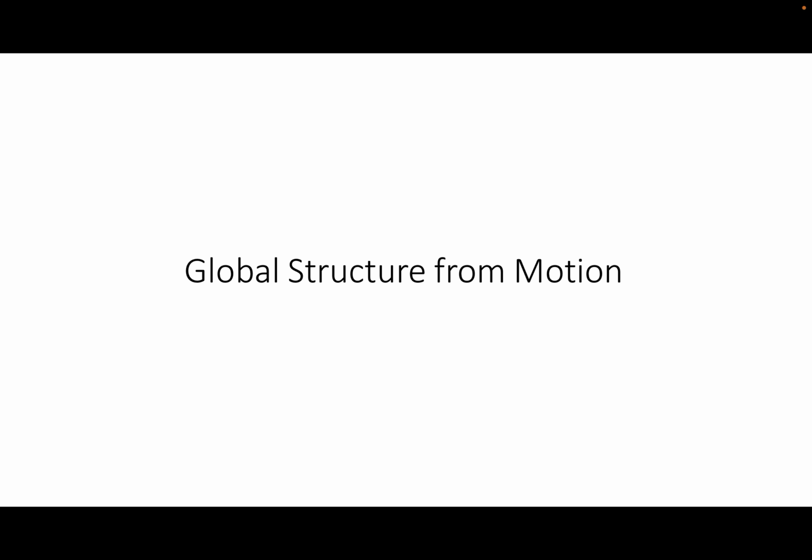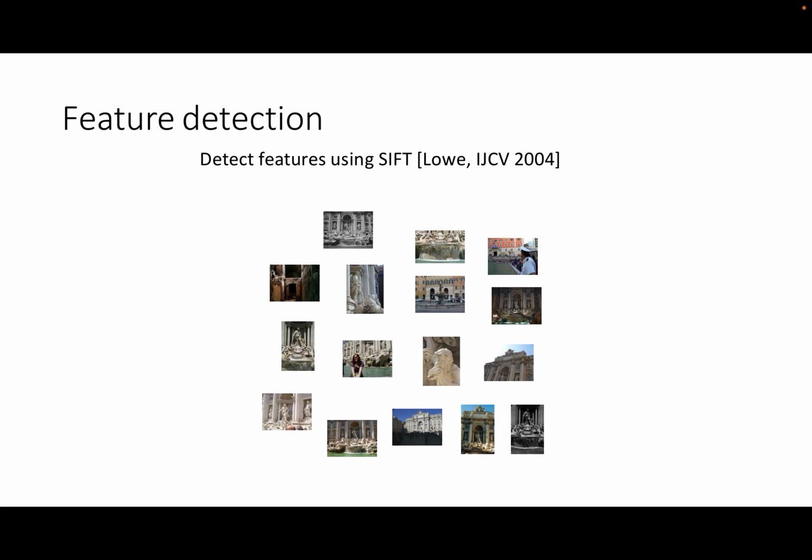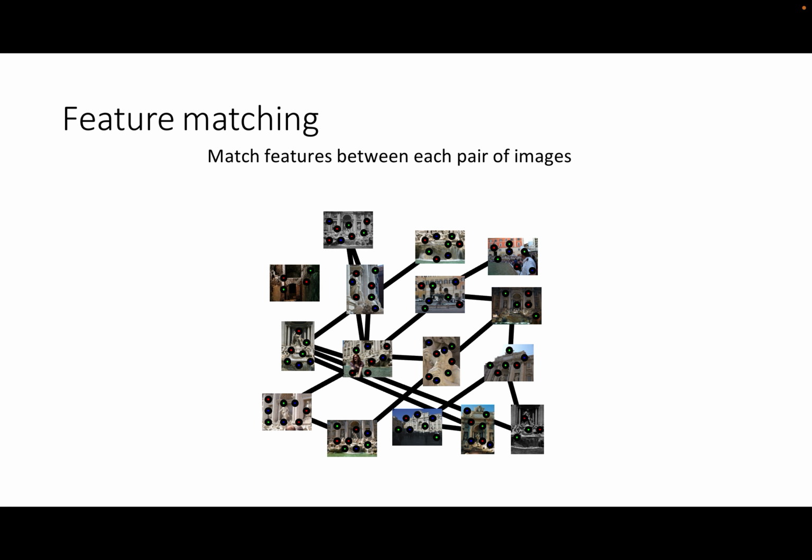And this is global structure from motion. As I said, it tries to use all pairwise relations from the video. Feature detection is just SIFT. We learned SIFT in image matching. Then we can match features between each pair of images.